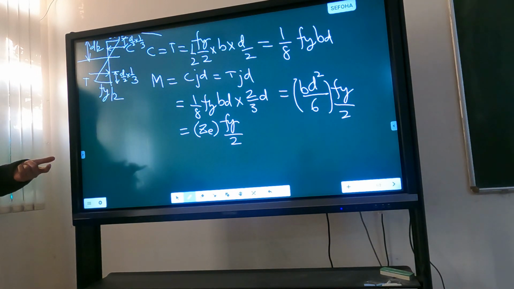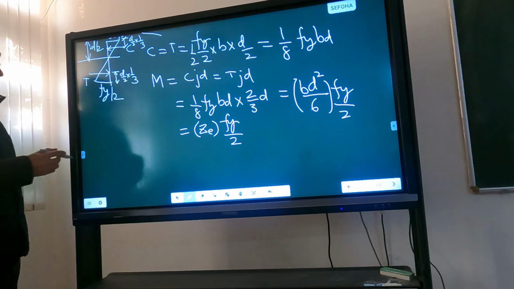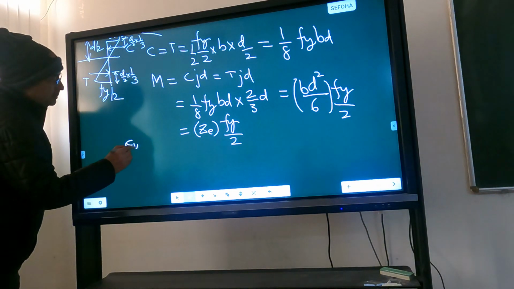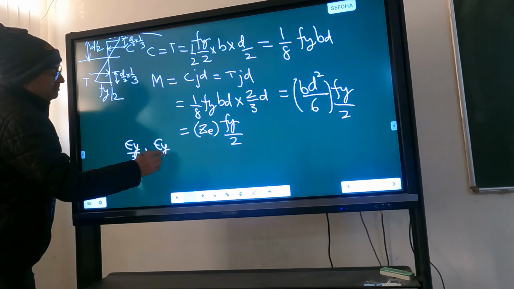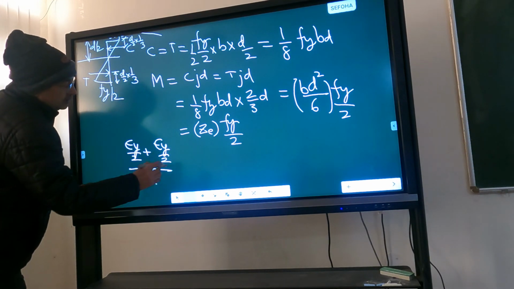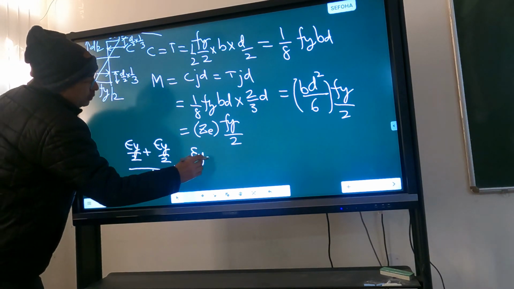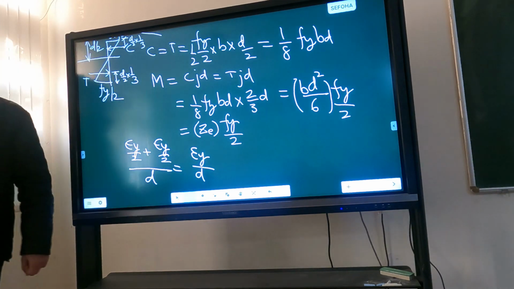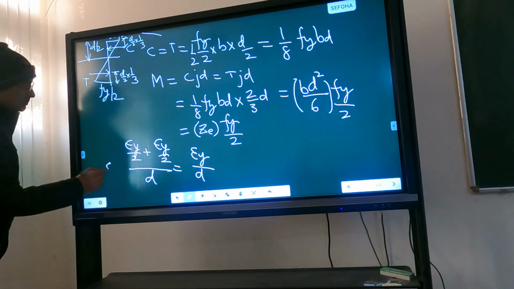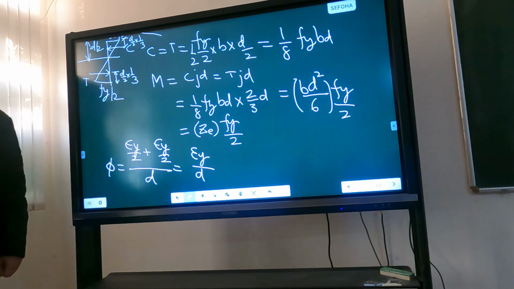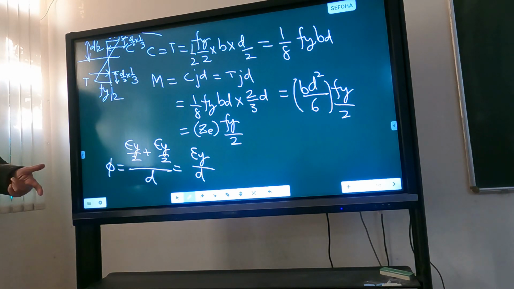And how much was epsilon c? Epsilon y by 2, that's what we have taken, plus epsilon y by 2 divided by d. So that is epsilon y by d. Agreed? This is our circle, at this point, this value of strain.